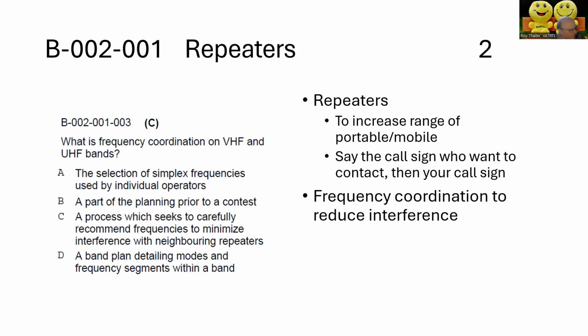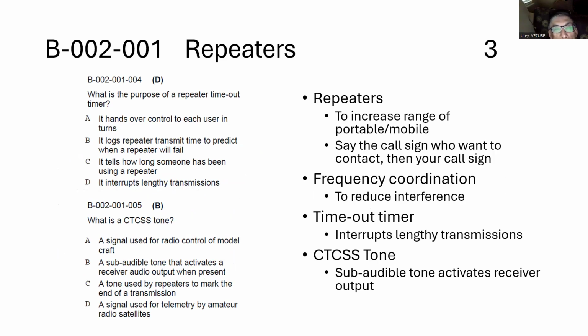You don't want the input and the output of a repeater to interfere with someone else's repeater. It's actually close to 40 repeaters in the lower mainland for VHF. And also because we're close to the U.S., we also have to look at what Washington State is doing, to ensure that we don't have interference there too.